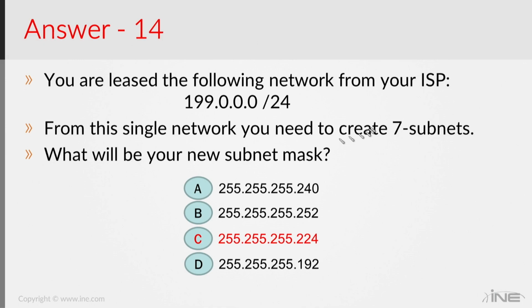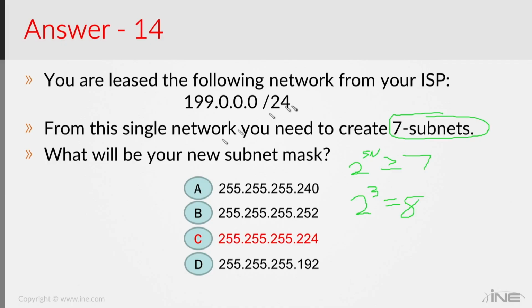Why is that? Well, we need to create 7 subnets. So we know 2 to the power of our subnetting bits must be greater than or equal to 7. If we do 2 to the power of 3, that gives us 8 subnets. So 3 is the minimum we can steal.